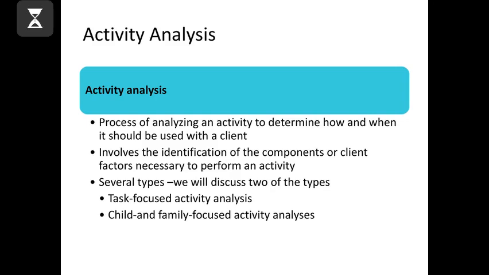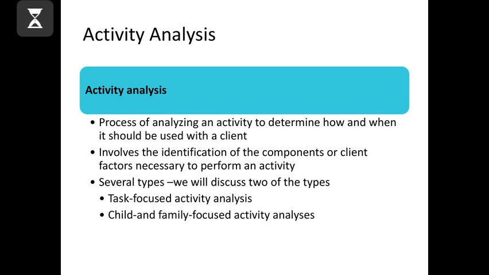It involves the identification of the components or client factors necessary to perform an activity. So, if we think of buttoning an open front shirt, think of the components of client factors needed to do that: bilateral integration, in-hand manipulation skills, visual skills, right?